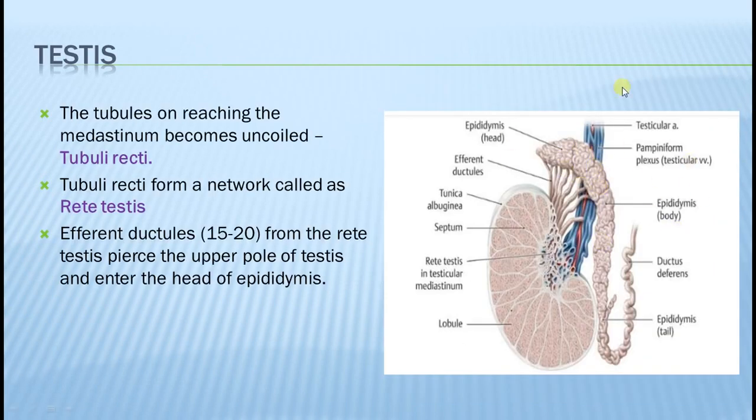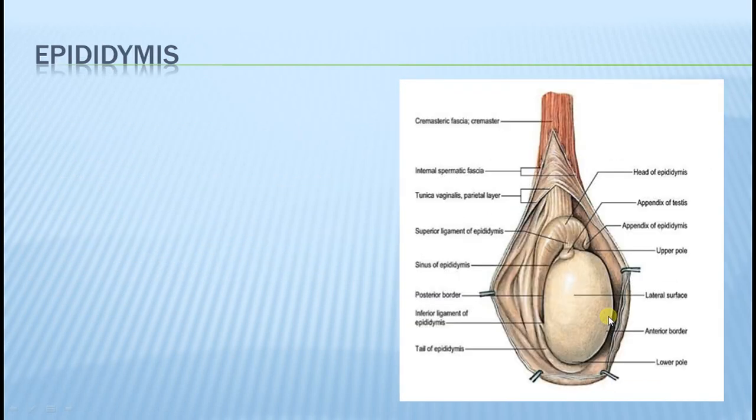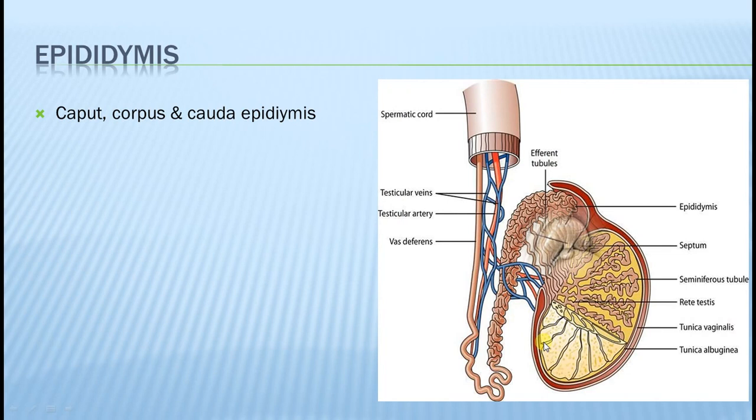So the spermatozoa which are produced here are transported, and then maturation takes place in the epididymis. So epididymis mainly consists of caput, corpus and cauda epididymis. Caput is the head of the epididymis, corpus is the body, and cauda is the tail of the epididymis.